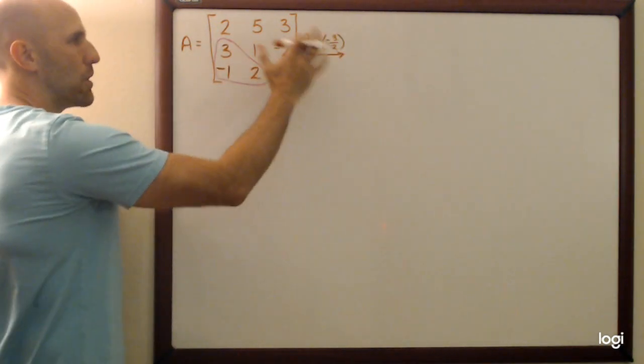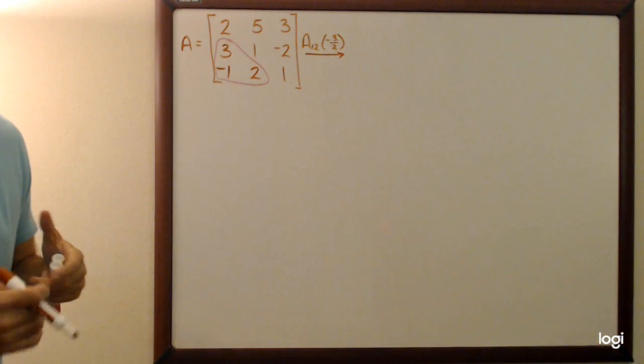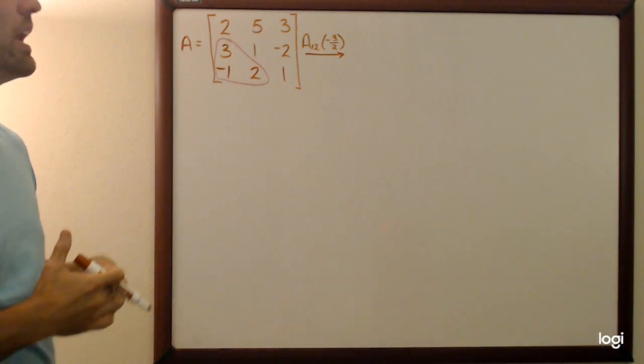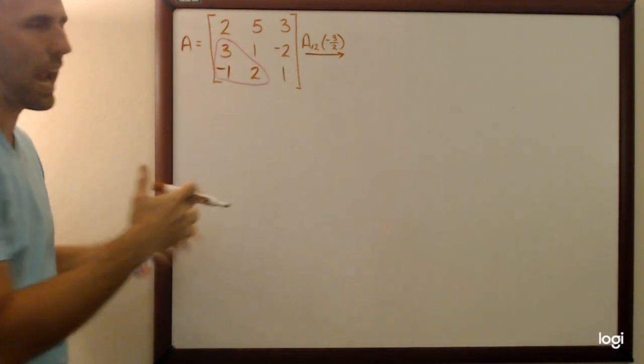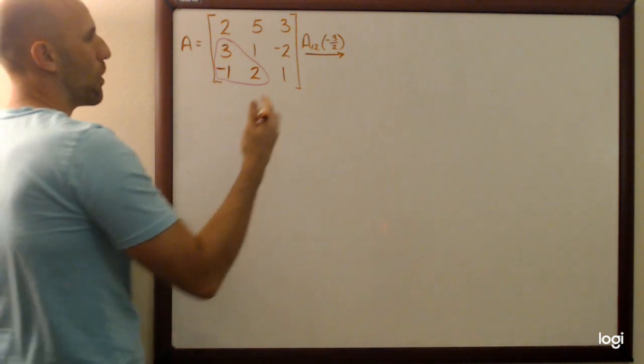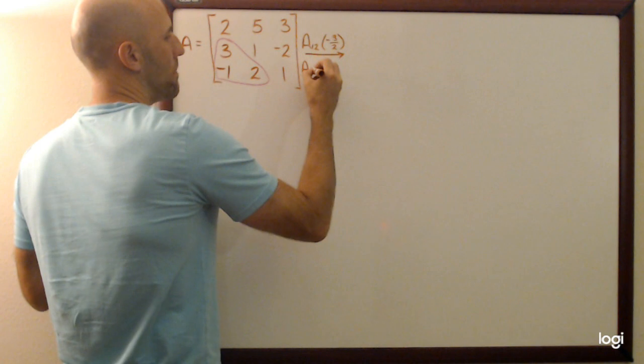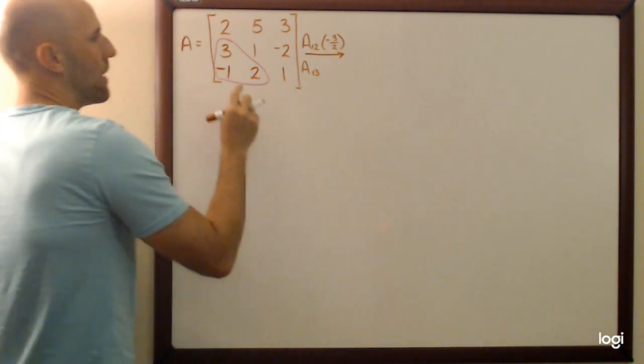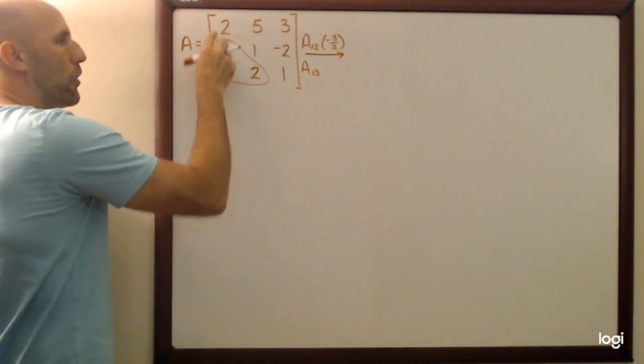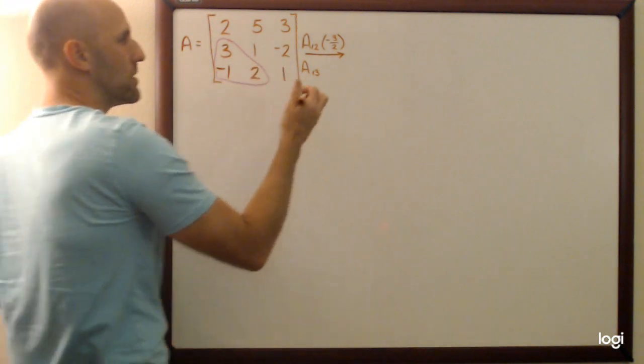Now notice I'm using fractions here, and that's not going to lead to some very nice numbers. But again, it's better than just multiplying the whole thing by half and then having more fractions everywhere. We're going to try and do this in the minimum number of steps. How about A13? Again, what multiple of 2 added to this -1 will give me 0?